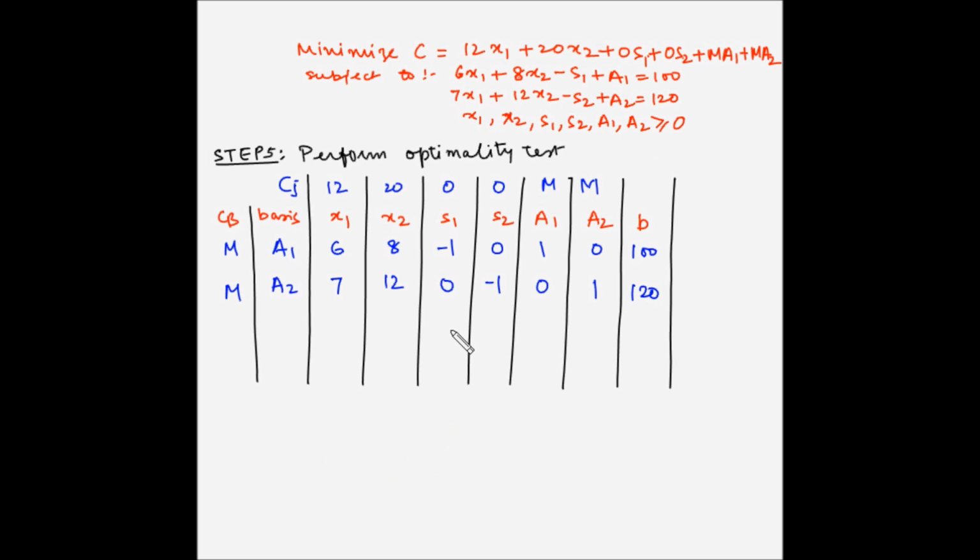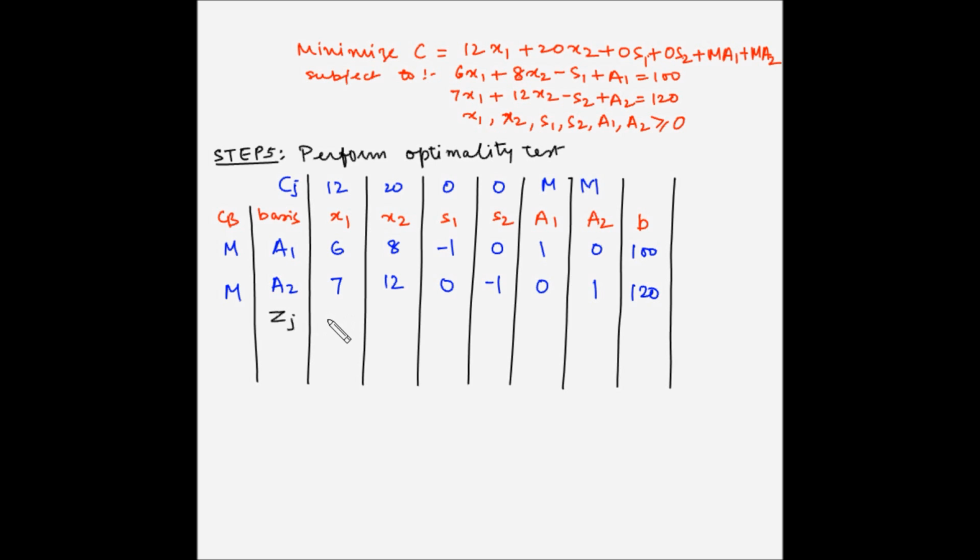After we have established the initial basic feasible solution, we need to check if this is the optimal solution or not. So now two rows need to be added to this simplex table. The first row is known as Zj. Elements in the Zj row represent the decrease in the value of the objective function, which will result if 1 unit of the variable in the jth column is brought into the solution.